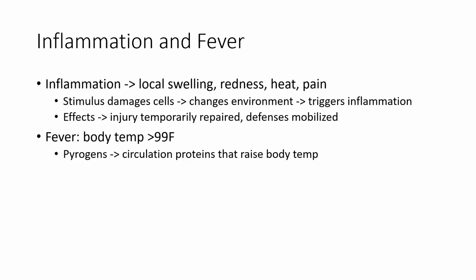So what you're going to experience is local swelling, redness, heat, and pain. And most of that is going to typically be from the blood being pulled into that area. The effects of this inflammation usually is going to be your injury or whatever it may be being temporarily repaired, and your defenses will be mobilized.